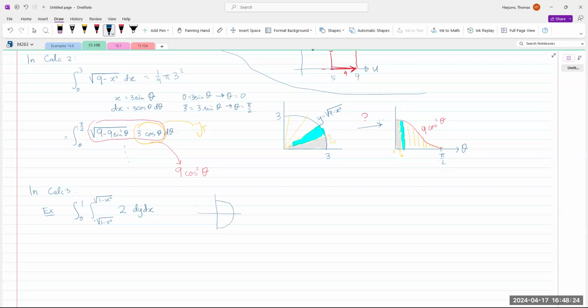The x is from 0 to 1, and the y is from negative square root of 1 minus x squared to square root of 1 minus x squared, and the density is 2, which if we see in 3 dimensions, is actually the volume of a prism with thickness 2.